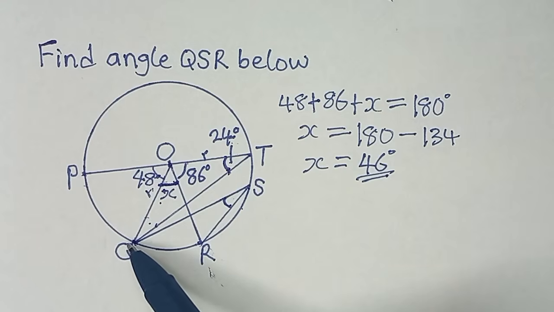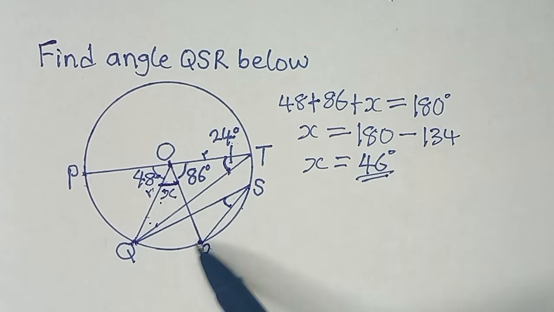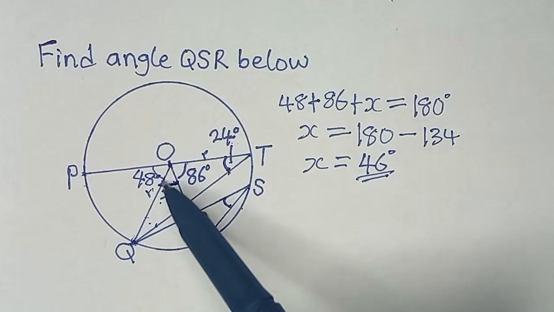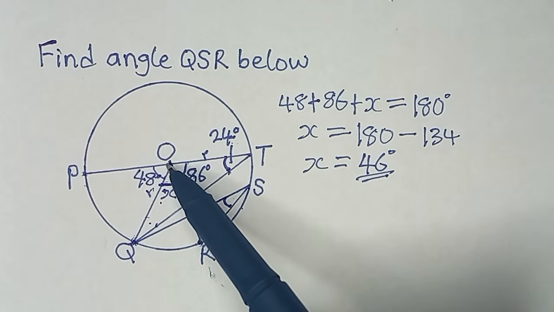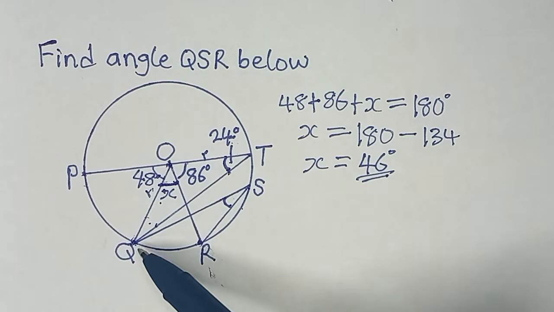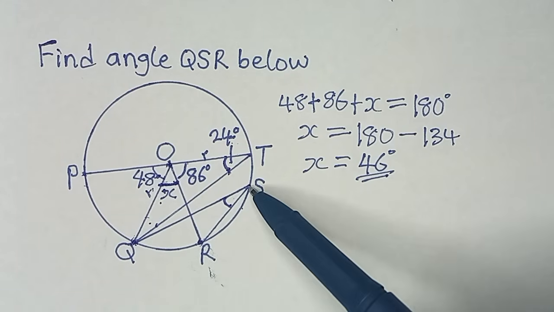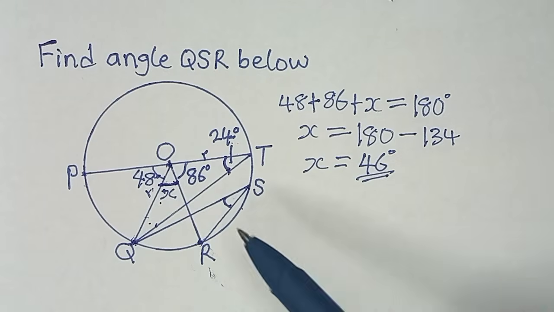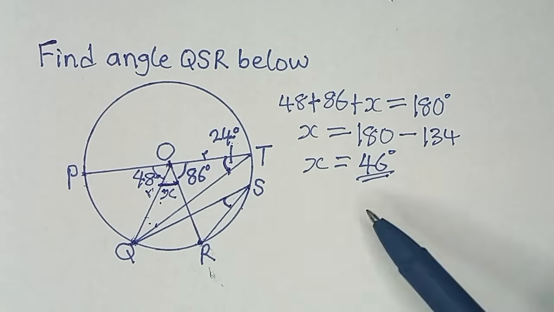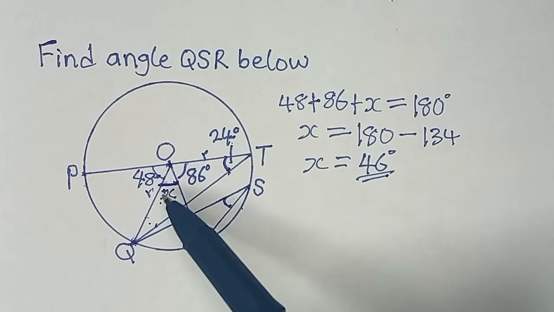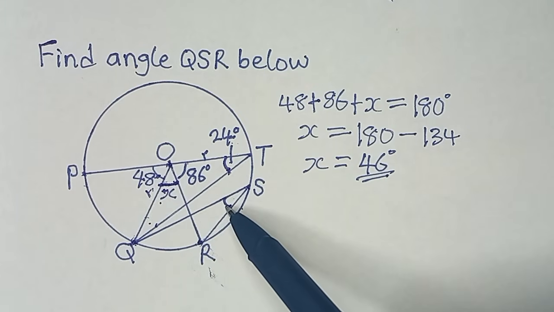So when you have a situation where lines are coming from the same points and a pair goes to the center to form an angle, and another pair goes to the circumference to form another angle, then angle at center is twice that at the circumference.